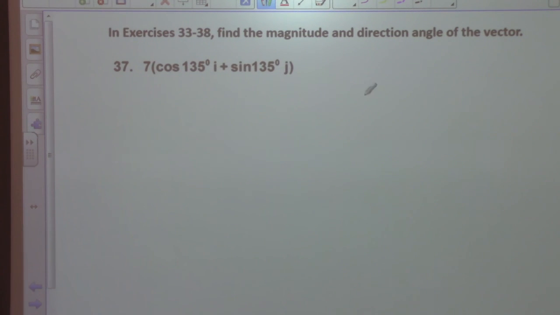So Karina says magnitude equals 7. Okay, what about direction? So theta is going to be equal to 135 degrees.